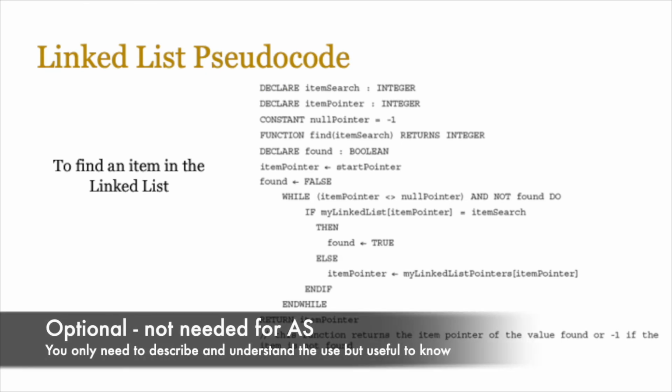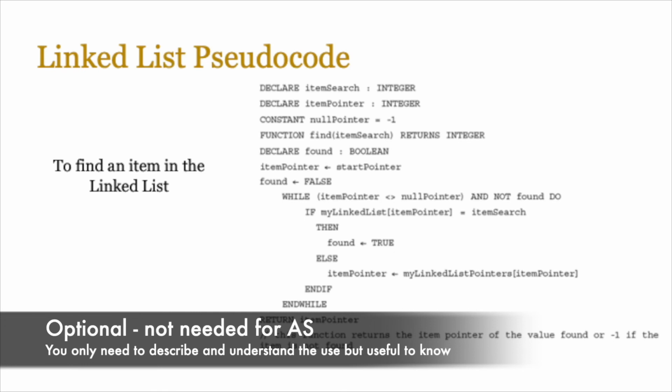So how do you find an item in the linked list? And again, the structure is somewhat similar. You will need to define the item you're searching for, which could be an integer, item pointer, which is also an integer. You will need to make sure that your null pointer is -1, and you create a find function which returns an integer value which either has the location of your item or -1.